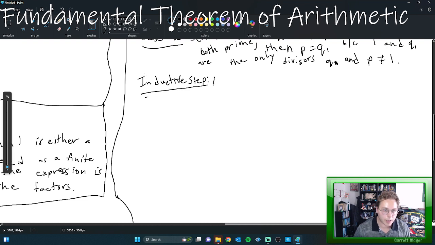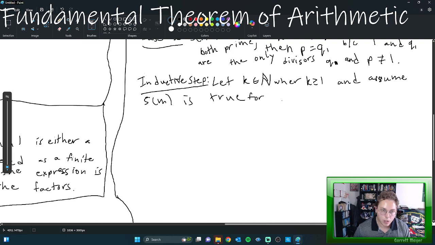So here we're going to let k be a natural number where k is greater than or equal to 1, and assume Sm is true for all m that are natural numbers, where 1 is less than or equal to m is less than or equal to k.